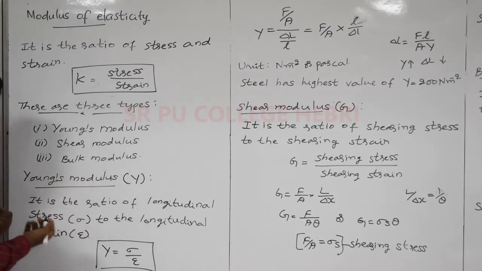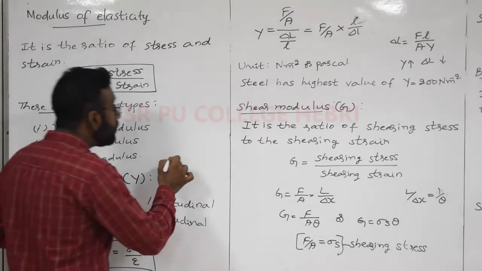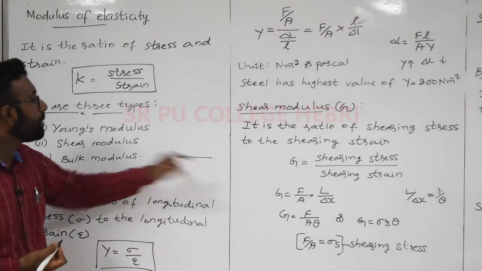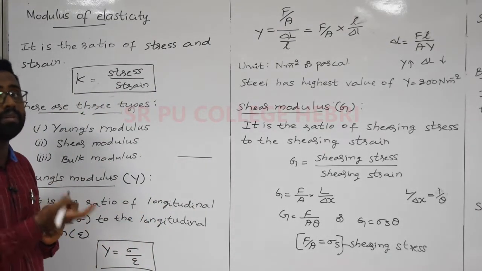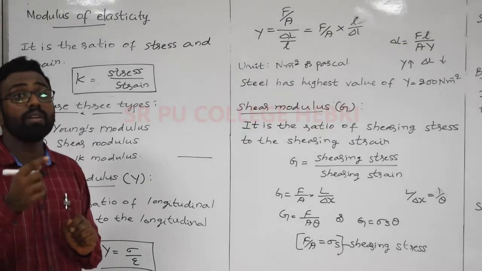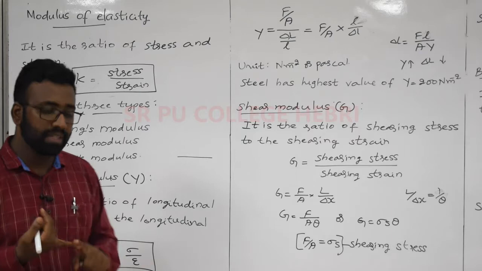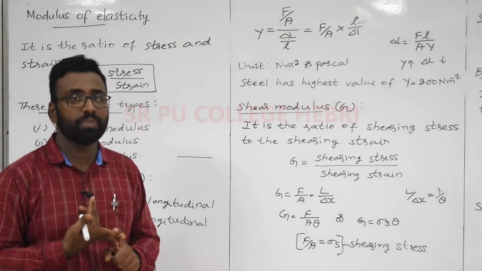First one is Young's modulus. This Young's modulus mainly deals with the length. If you talk about length, you must know that it is tensile or compressive. You have studied tensile stress and compressive stress.